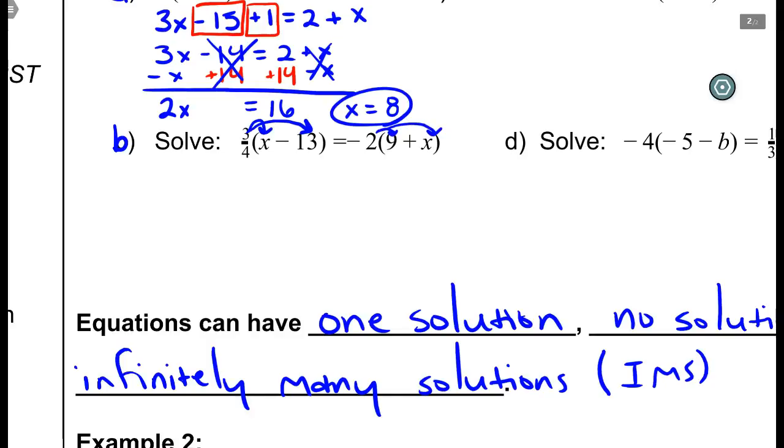All right, so 3/4 of x is just 3/4 x minus 13. So 3/4 of 13. And we can just grab our calculator. That gives us 9.75.